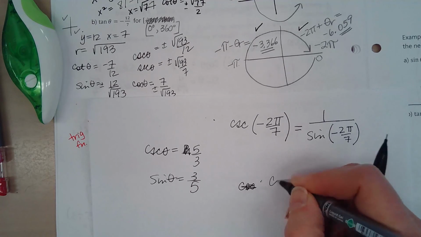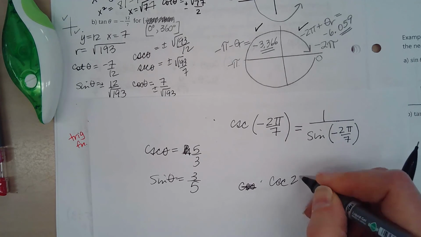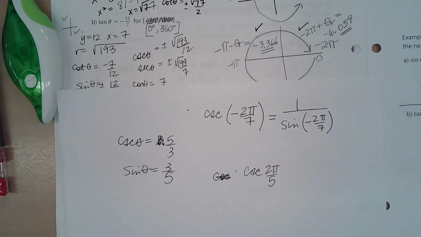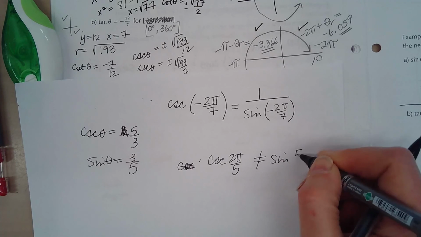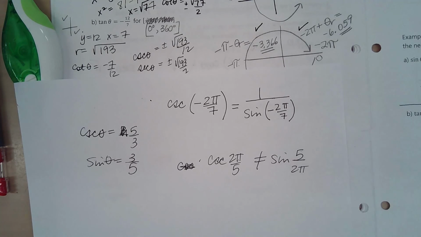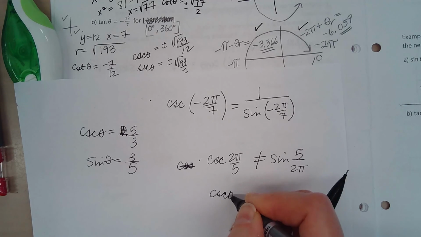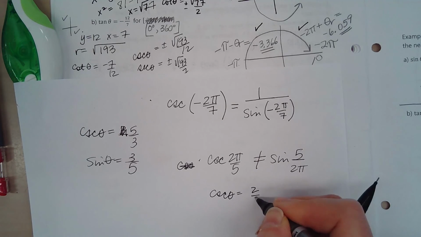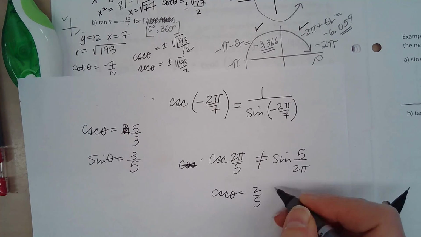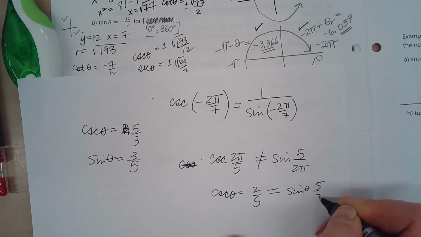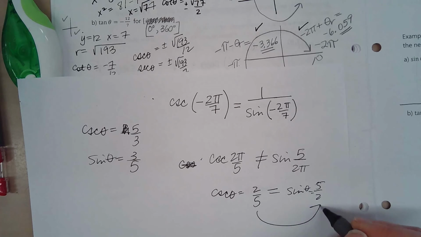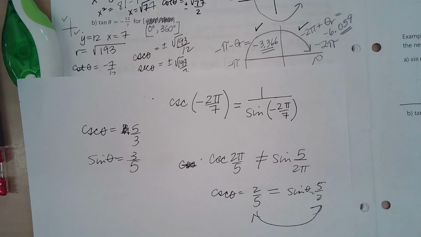Cosecant of 2 pi on 5 doesn't equal sine of 5 on 2 pi. Cosecant of an angle, if that equals 2/5, like a value, that will equal sine of 5 over 2. Right? You flip the value, not the angle measure.